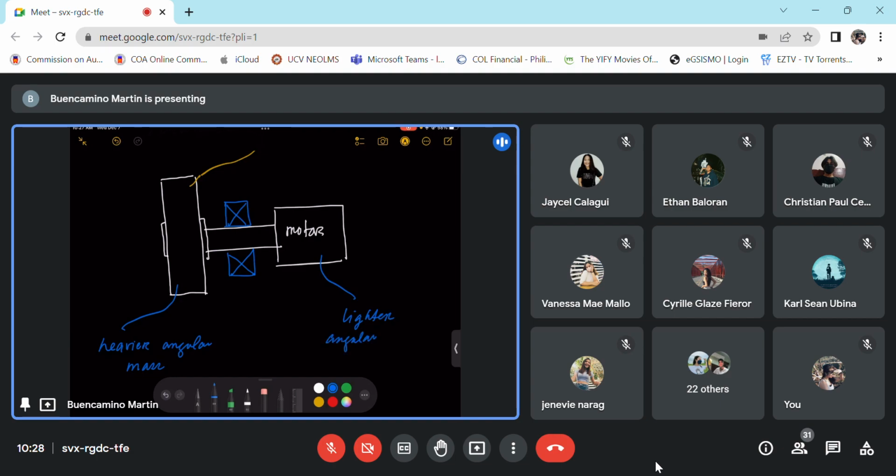Ano bang purpose kung bakit nilalagyan natin ng flywheel? Alam natin kasi iikot ito, iikot din yan.